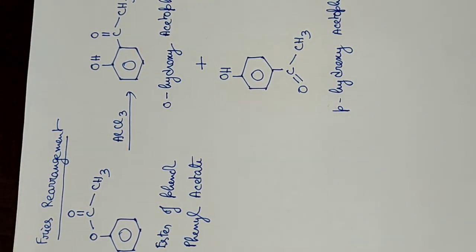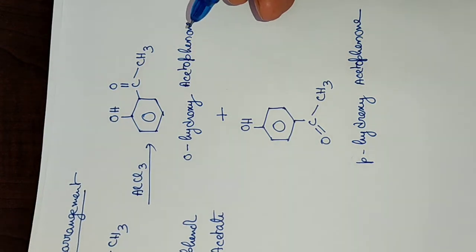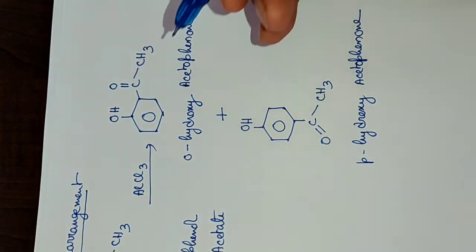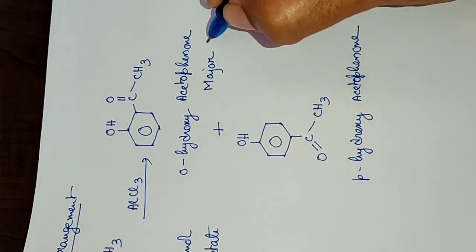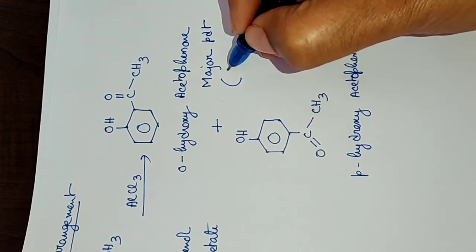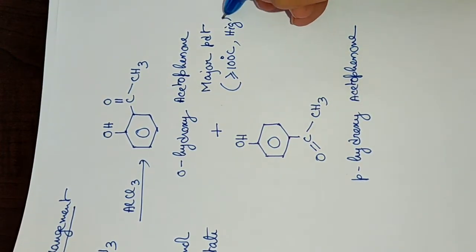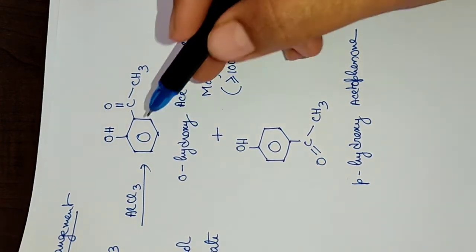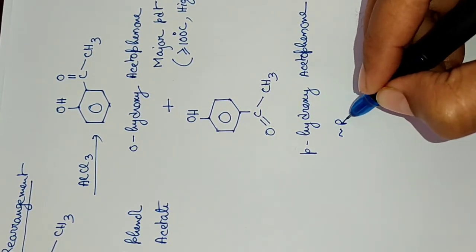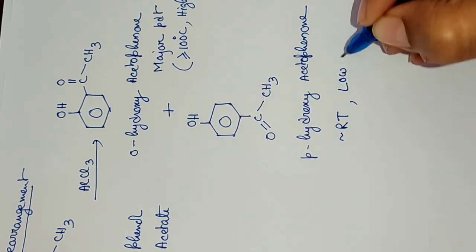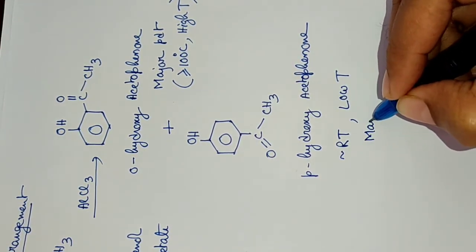Now, one beauty of this reaction, and one important observation rather, is that when high temperature is taken, the ortho isomer becomes the major product, but at room temperature or low temperature, this para-hydroxy acetophenone, that is the para isomer, becomes the major product.